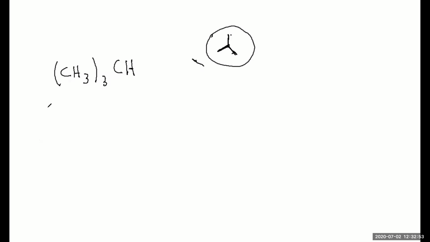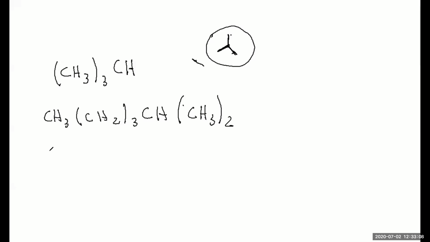Let's try this one here, CH3(CH2)3CH(CH3)2. So for this one, we have CH3, we have 3 of these CH2 groups. So we have 3 carbons that are straight chains.